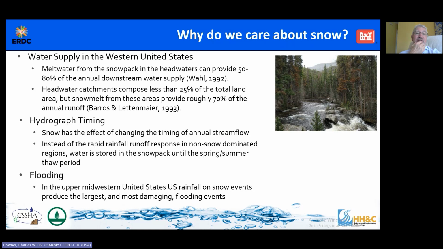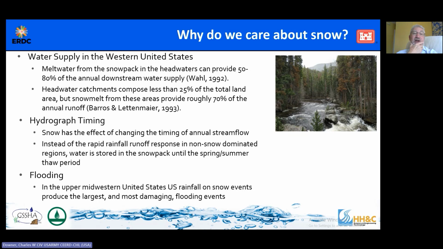And in those areas where there's snow all the time, especially in places where there's snow at the top of the mountains, but it's dry down in the valley where all the people live, people are obsessed with the annual snowfall. And in addition to the rough amount of water that comes as snow and is stored in the snowpack, there's the hydrograph timing.